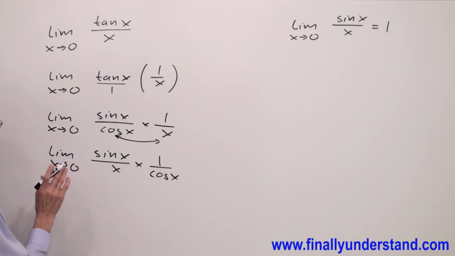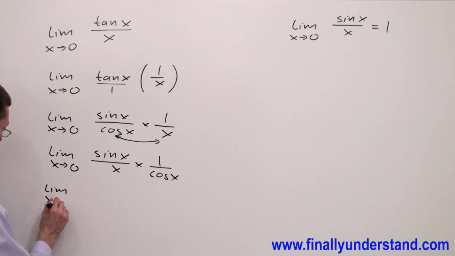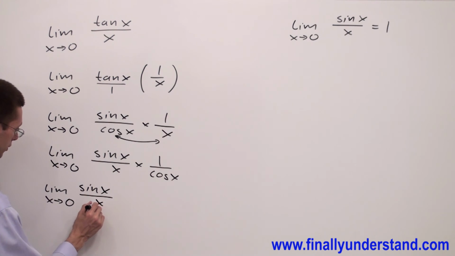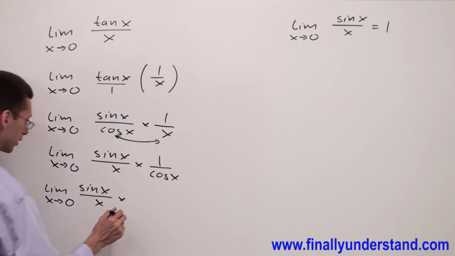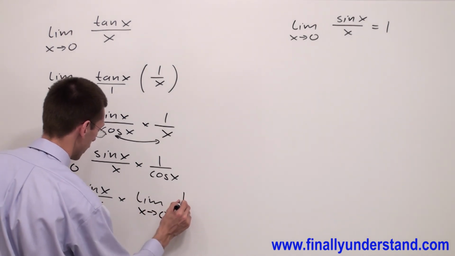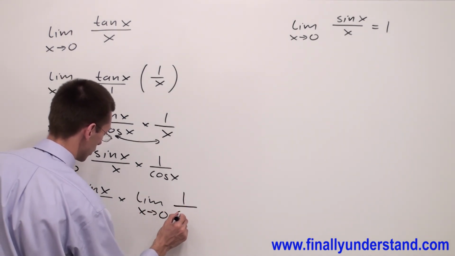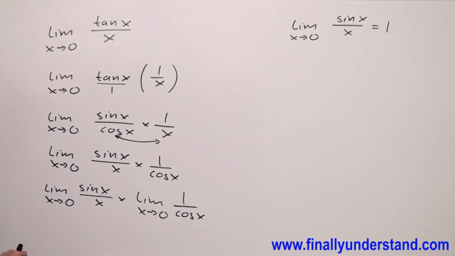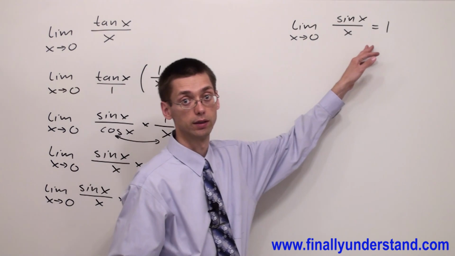We can convert limit of the product to the product of the limits, and we are going to have limit x approaching 0 of sine x over x times limit x approaching 0 of 1 over cosine of x.